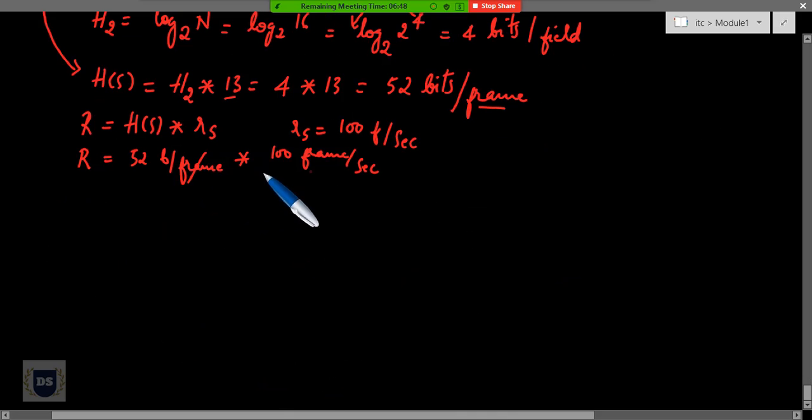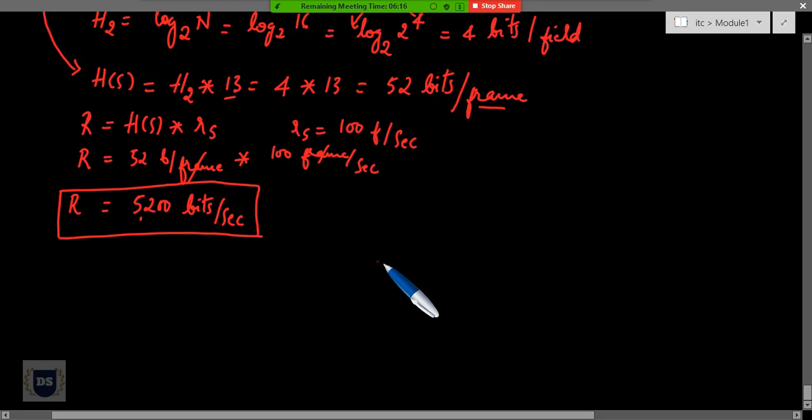Here I can cancel out frame in the denominator as well as in the numerator, and I'll be left with 52 times 100. I'll get 5200 bits per second. So this is the average rate of information if we have 100 frames being transmitted every second.